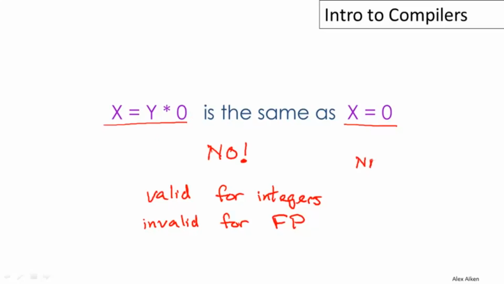And it turns out that not a number, called a NaN, times 0 is equal to not a number. And in particular, not a number times 0 is not equal to 0. So if x and y are floating point numbers, you can't do this optimization. And in fact, if you did this optimization, it would break certain very important algorithms that rely on the proper propagation of not a numbers.